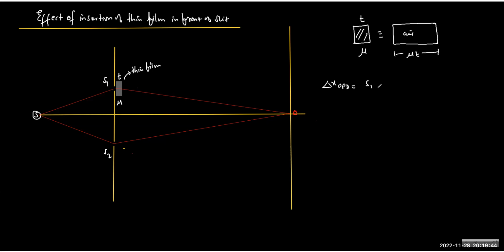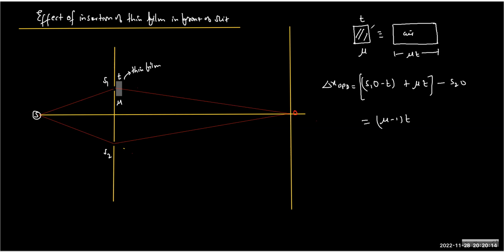S1O minus T is the air part because this is without medium. S1O minus T is without medium. And the T is equivalent to now mu T, minus S2O. And you can clearly see this is mu minus 1 into T.